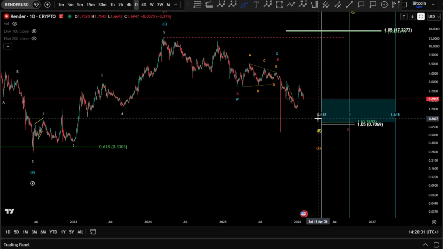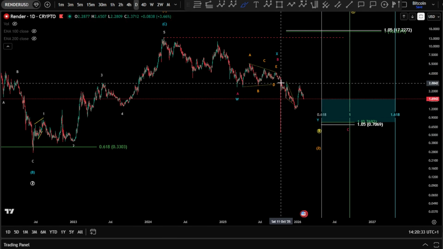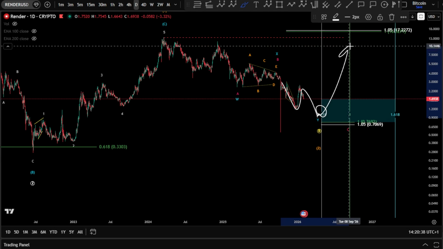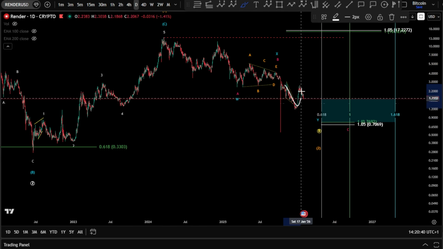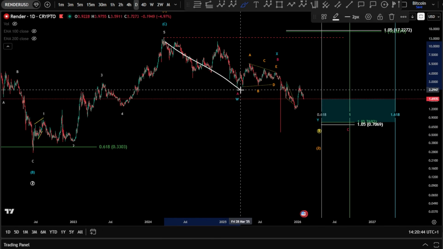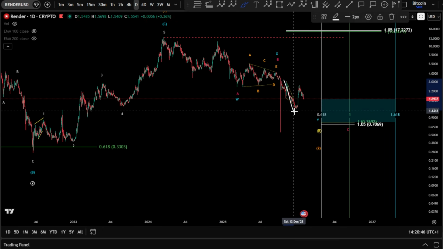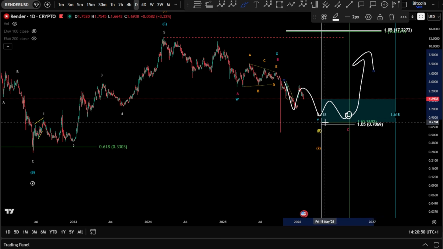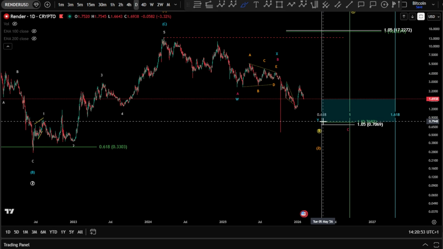In two different scenarios, we have the Y or the wave C. The wave Y might be a zigzag here for the 0.618 fib time and then pushing for higher. Or we are looking here for an ending diagonal, 5 waves for wave C here, as an A, B, and a C in an ending diagonal, to reach the fib time perfectly and then push toward the upside again.